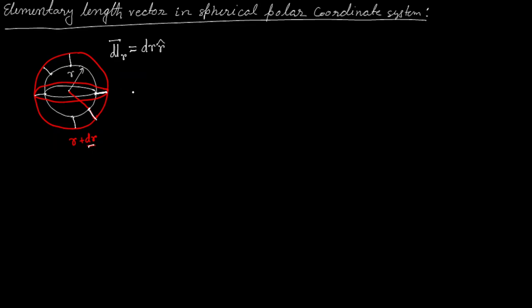Okay. Now next what we have to do? We have defined the elemental length along r, now we have to define the elemental length along theta cap. So for that, let me draw a sphere again here.